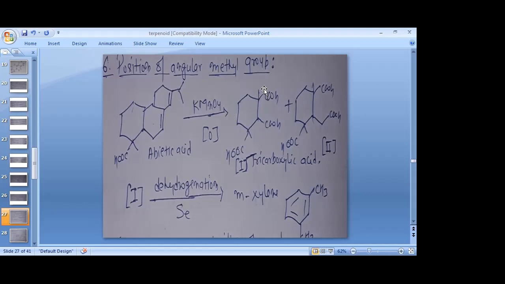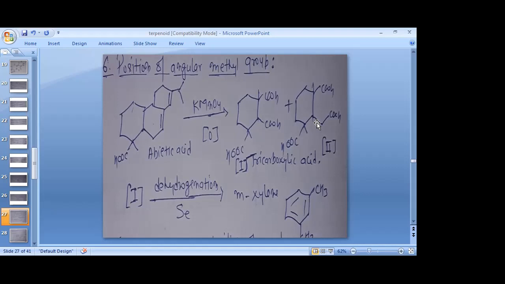You can see the structure of these tricarboxylic acids: COOH, COOH, and COOH, with the angular methyl group as it is. In the second one there are also COOH groups, and here again the angular methyl. So in structure 1 and structure 2 you can see the angular methyl.